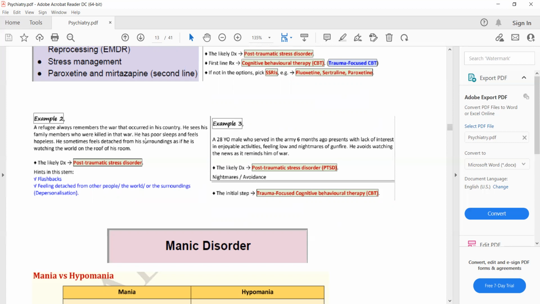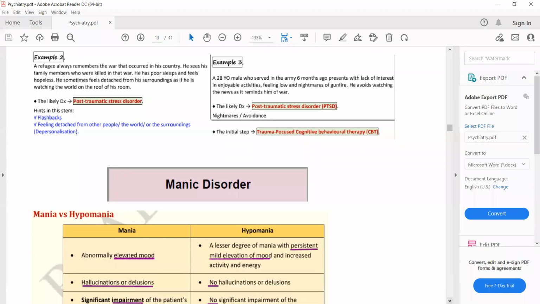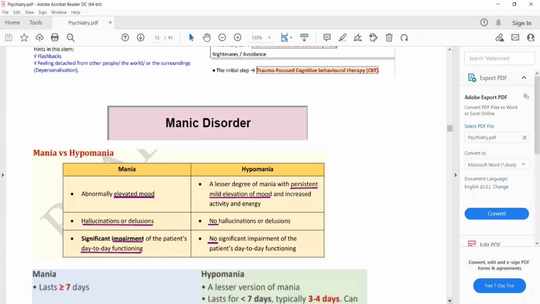He sometimes feels detached from his surroundings, as if he is watching the world from the roof of his room. So there are flashbacks of the major traumatic event, and a feeling of detachment or numbness. Again, this is post-traumatic stress disorder. Again, the treatment will be trauma-focused CBT or EMDR.